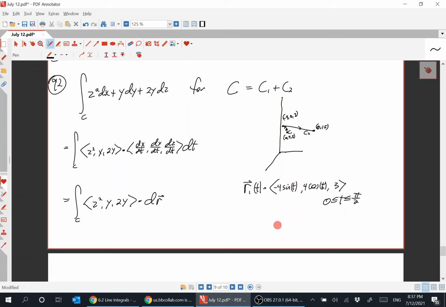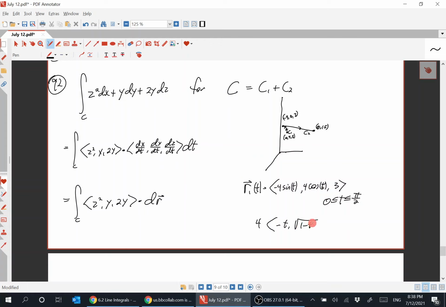You could also use this kind of thing: minus t, square root of 4 minus t squared. Yeah, this one's a little different.